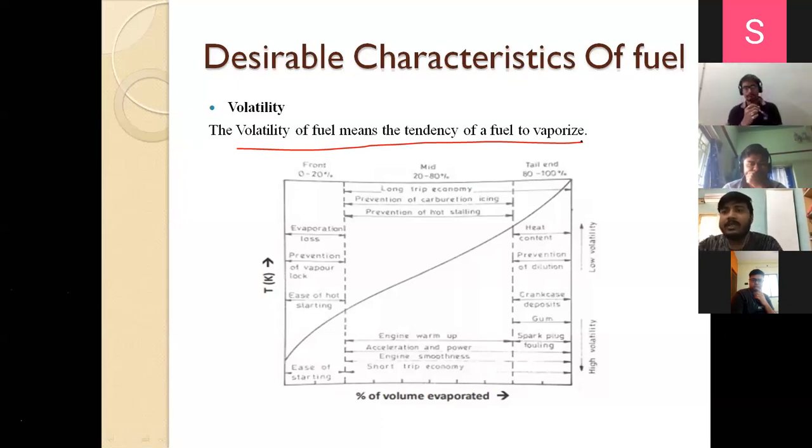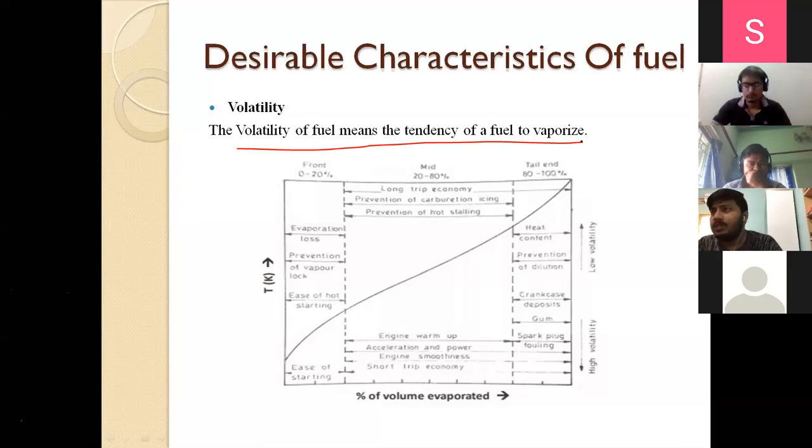When the fuel and the air mix with each other, they make a mixture, and the main desirable thing for this mixture is that it should be homogeneous. So if the fuel vaporizes more, it has a tendency to make the mixture homogeneous, but it has some limitation.